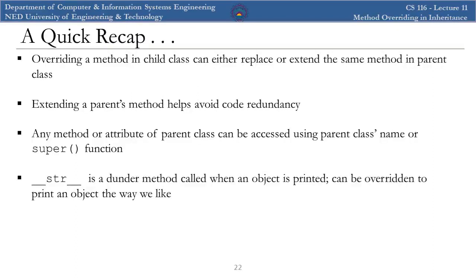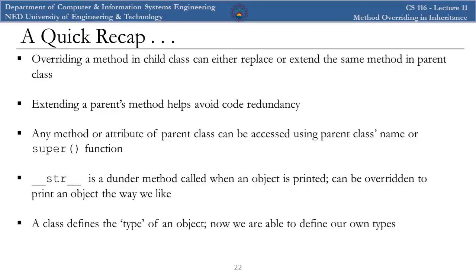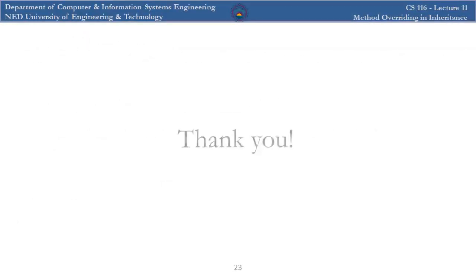Then we saw this method str. This is automatically called when an object is printed. So this can be used if you want to print something of your choice on screen when an object is printed. And lastly, we know that a class defines the type of an object. So that means that now we can define our own types, right?